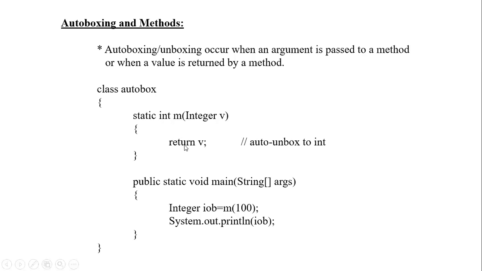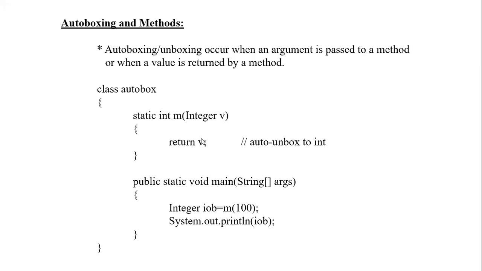Return v. See, the example is simple, from m you are passing a primitive type, so the primitive type will be copied to Integer v, so you are performing a boxing, right? Return v in the sense object return, but with respect to the method, the return type of the method is int. Now the object will be converted to a primitive type.